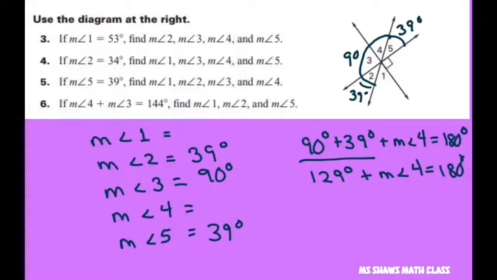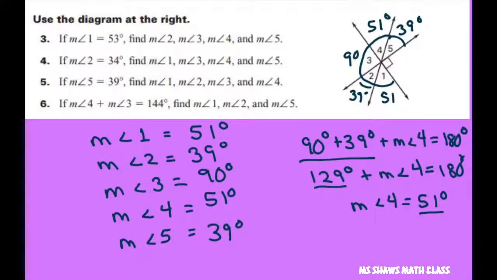Take 180 minus 129 degrees, and you get the measure of angle 4 equals 51 degrees. So if you add these two up, you get 180. That means the measure of angle 1 is also 51 degrees, because of your vertical angles congruence theorem.